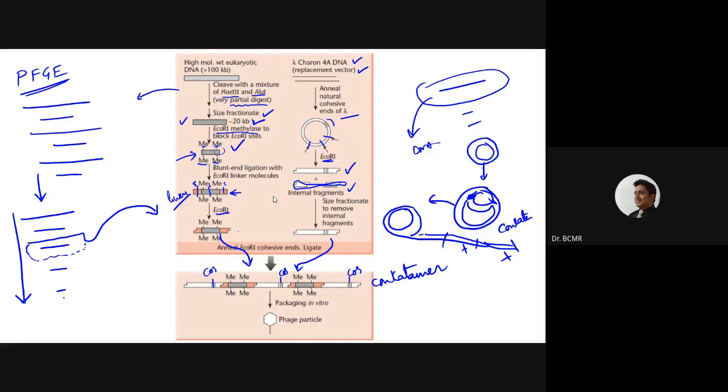So when we are doing it in vitro, when we add ligase, there is also a possibility that they can form concatemers like that. That concatemer is a good substrate for phage packaging, in vitro packaging. So you should also have made the head particles and the tail and other things outside using a helper phage or helper cells.